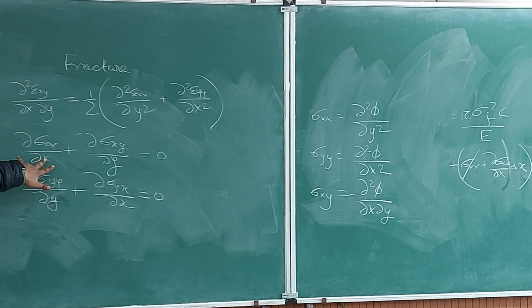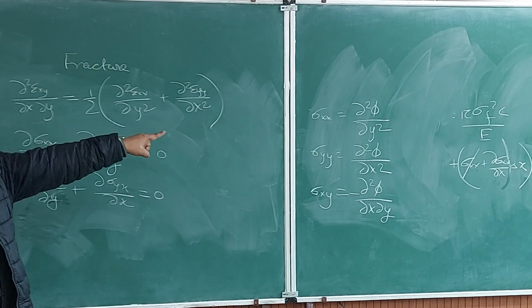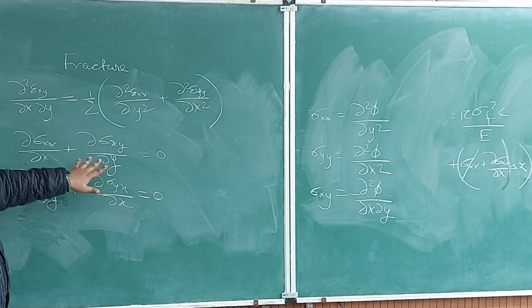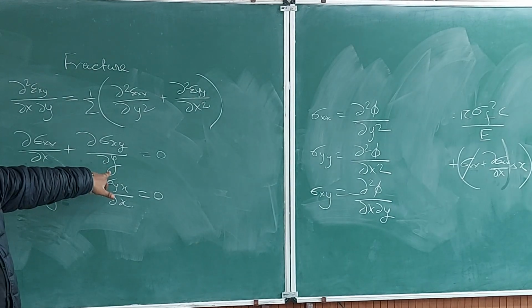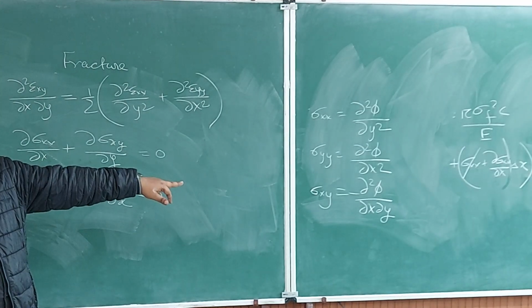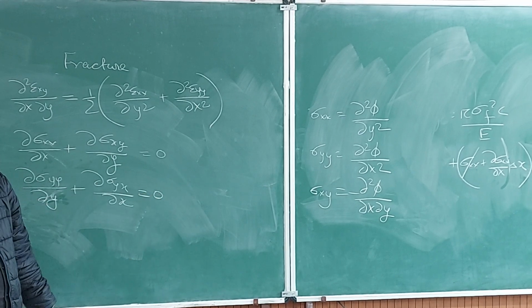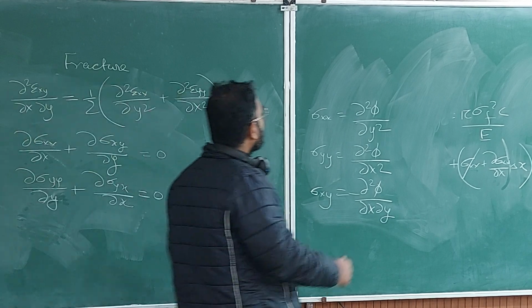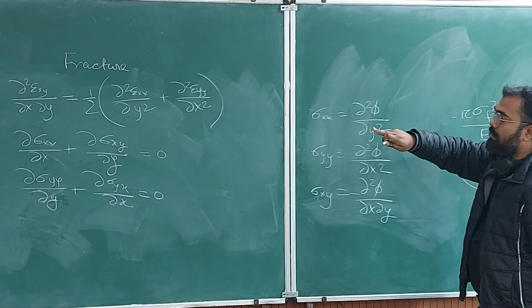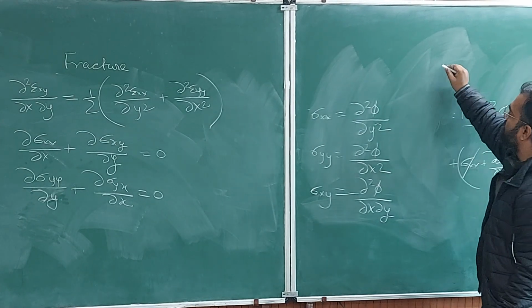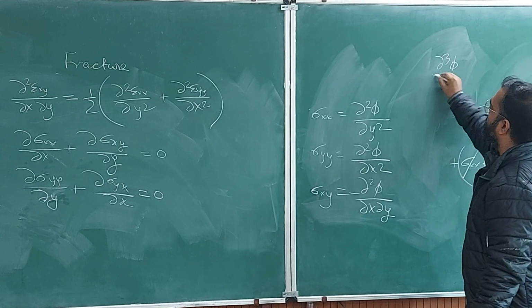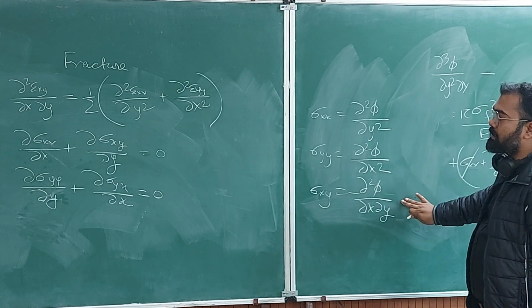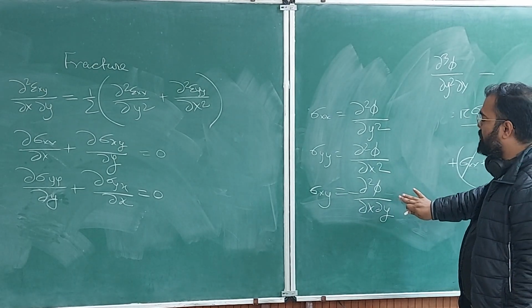So del sigma xx by del x will be how much? Del 3 phi by del y square del x, right? And then you have minus of this, and what is this?